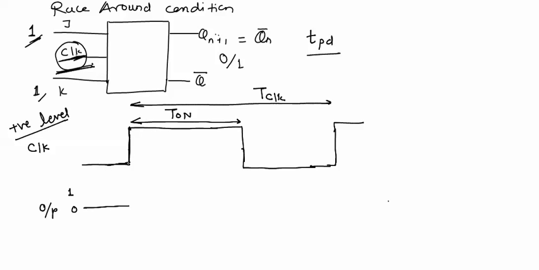There is a positive edge, but the flip flop is designed for positive level triggering, so there will be no triggering for the positive edge. Now at this point there is a positive level of the clock and the flip flop will be triggered. For this positive level, the flip flop will be triggered. If the flip flop is triggered, it will change the output after some time.